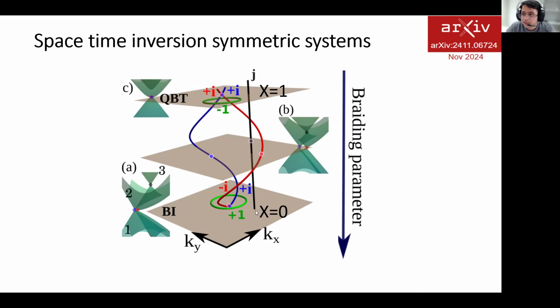Then there is a third band with Dirac nodes, and this line shows the braiding procedure. Sorry for this arrow, it should be flipped.